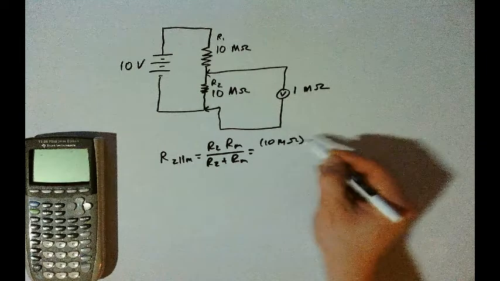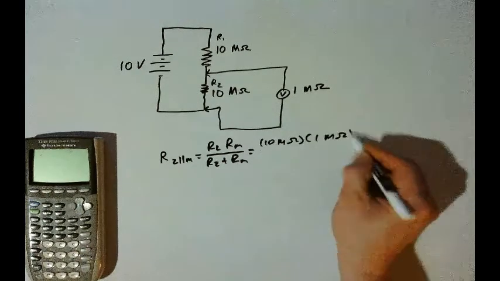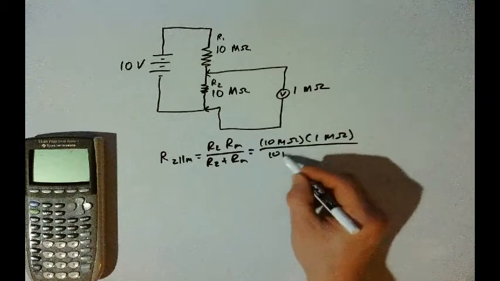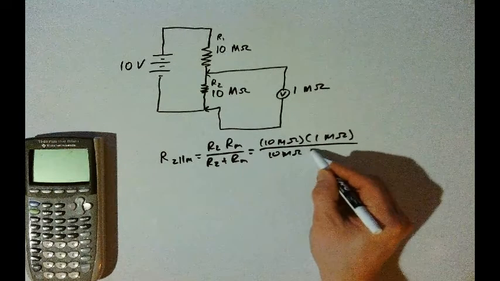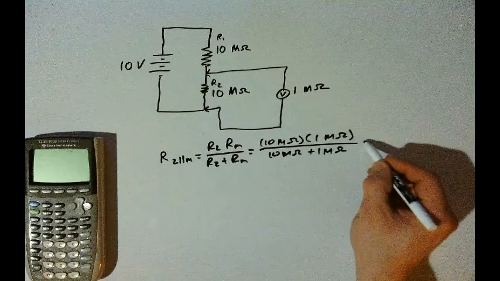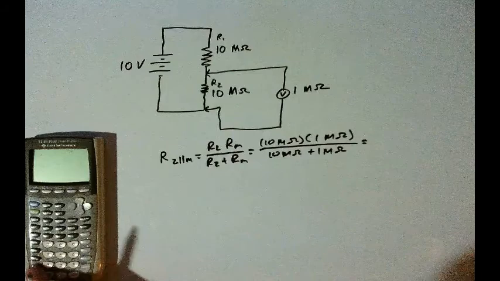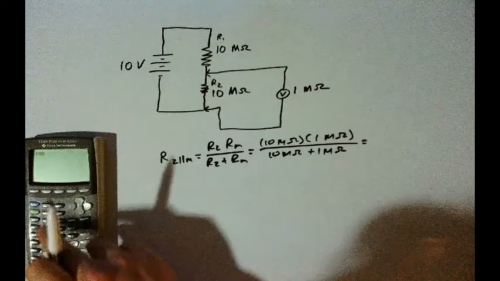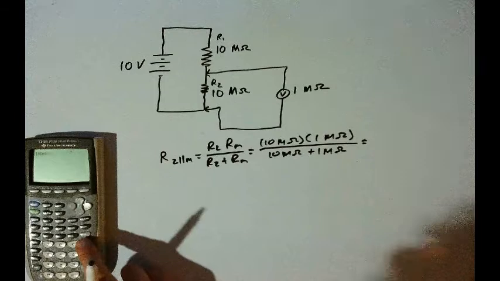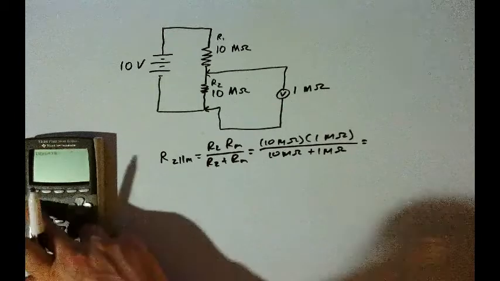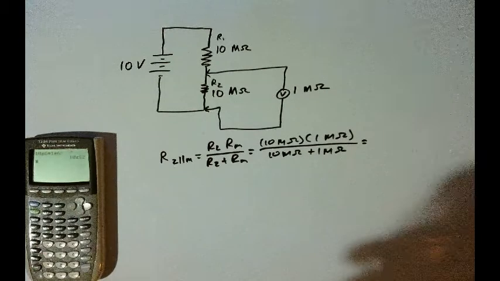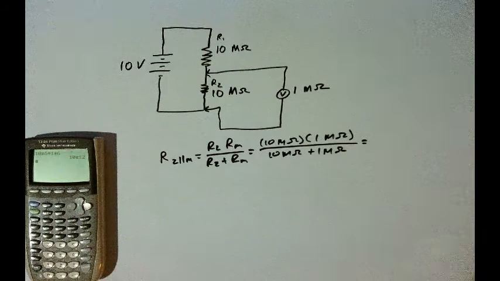And so we will have 10 mega ohms times 1 mega ohm, divided by 10 mega ohms plus 1 mega ohm. And so I'll use my calculator here. 10 mega times 1 mega is going to be 10 times 10 to the 12th, which is tera. That'll be 10 tera ohms squared, because it's ohms times ohms, divided by 10 plus 1 is 11 mega ohms.